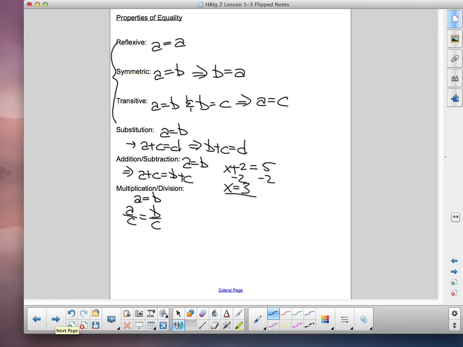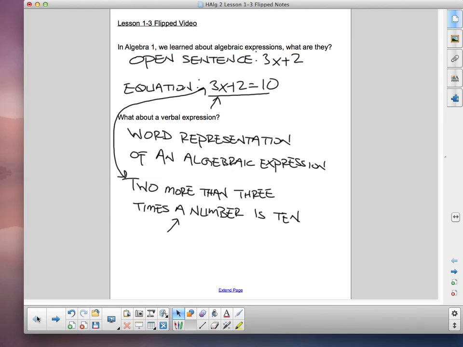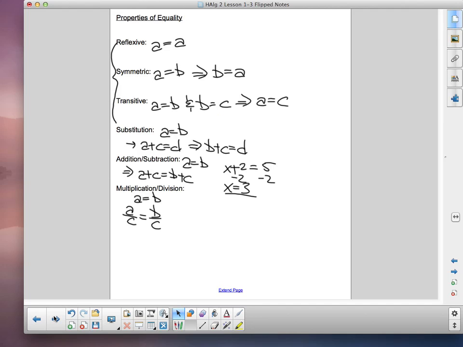Okay, so again, summing up our second flipped video, lesson 1.3. We have algebraic expressions. It can be an open sentence or an equation. Open sentence does not have an equal sign. Equation does. Verbal expression is just the word representation of an algebraic expression. Just writing it out in words. We have our properties of equality. These first four, ones we got in geometry and algebra 1.